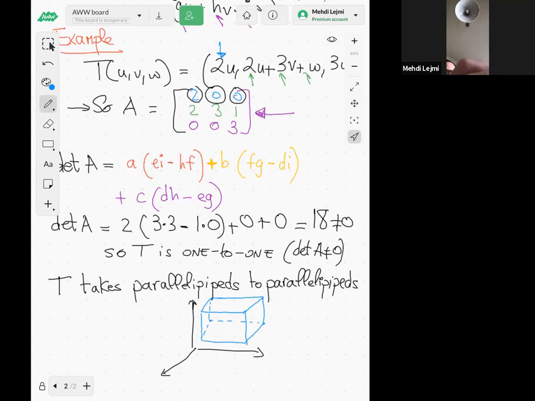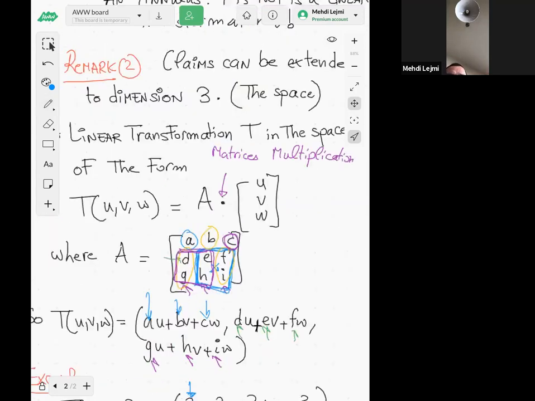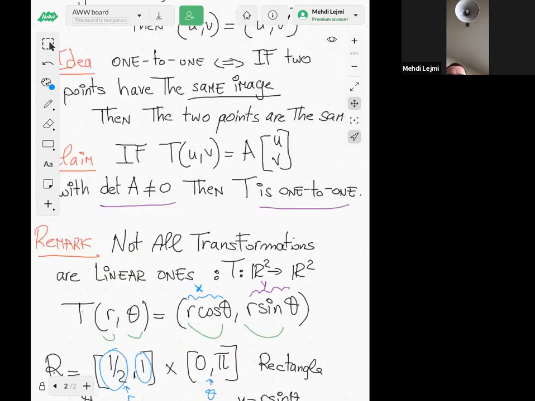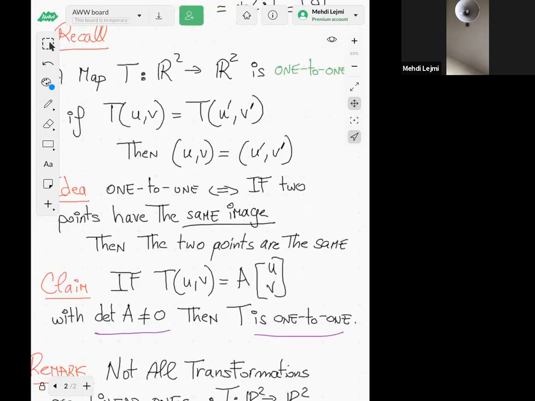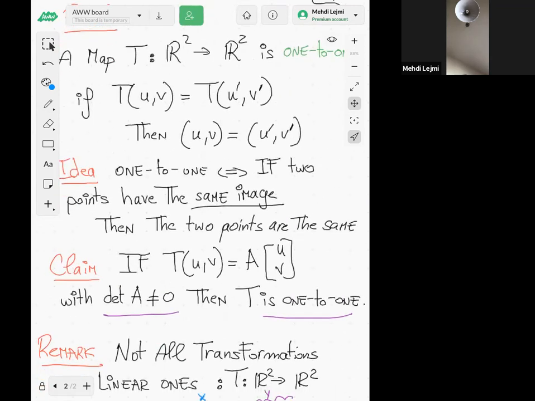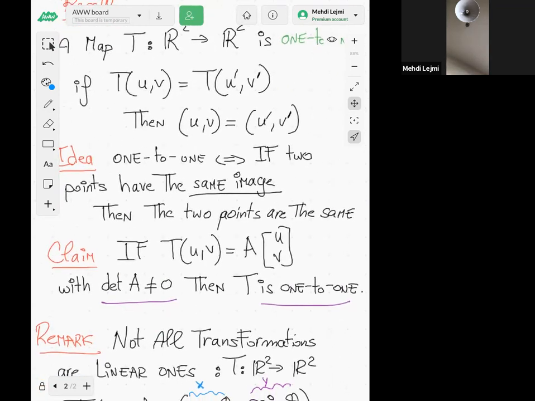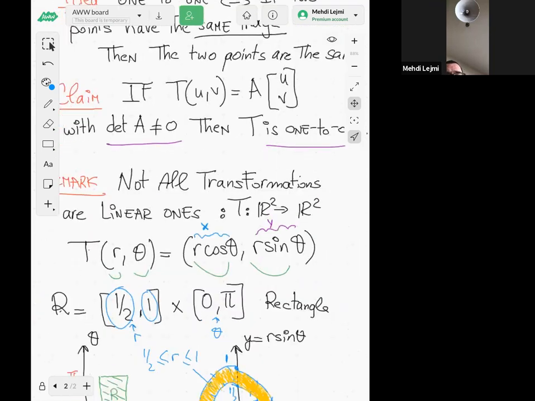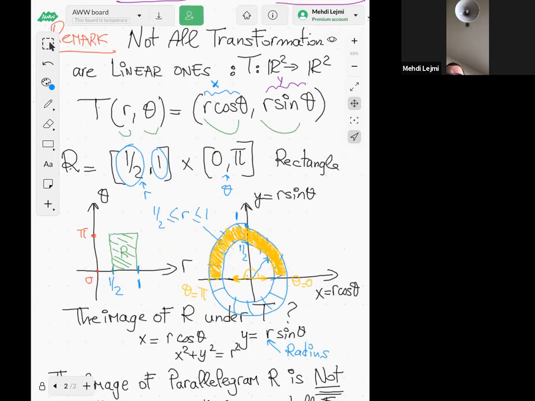I can prove, we didn't prove the theorem here, which says that if you have a linear transformation with the determinant of the matrix non-zero, then it's 1-to-1. That's actually not really hard to prove. And you can also prove that it takes parallelograms to parallelograms, et cetera.